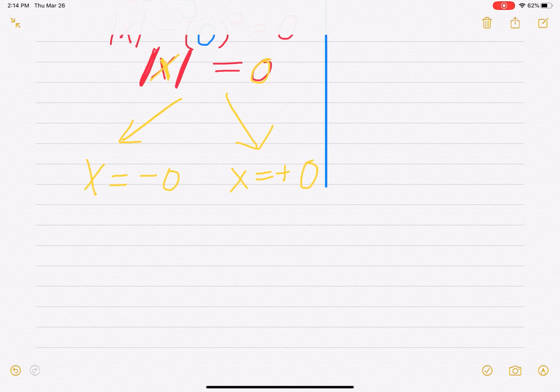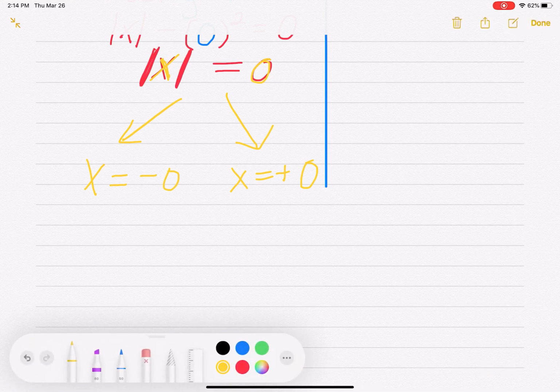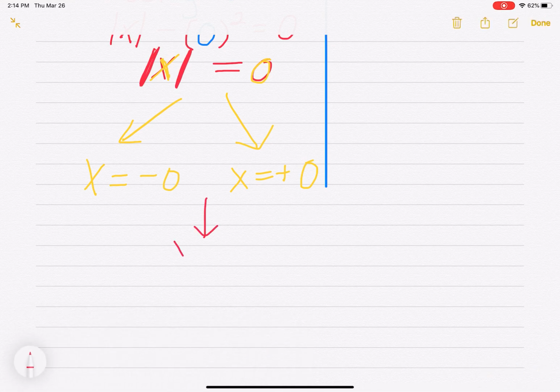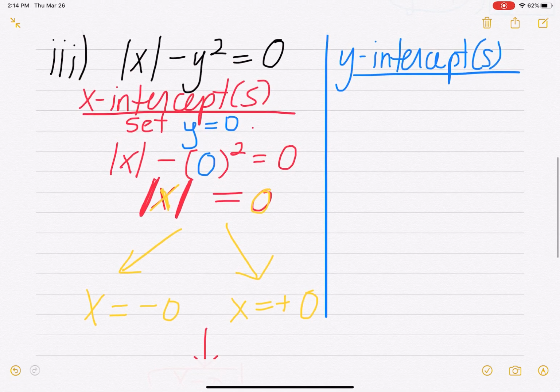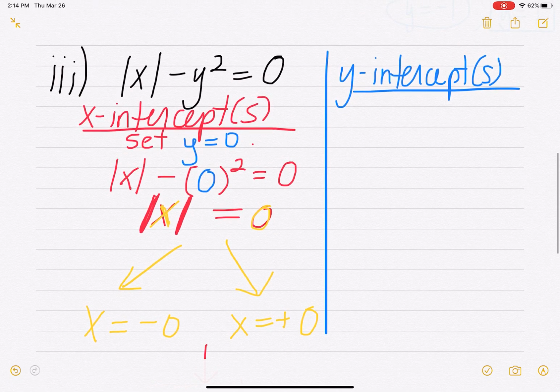So really, you just have one answer here, one x-intercept, 0. But in general, that's how you want to solve an absolute value equation. You set x equal to the negative right-hand side and the positive right-hand side. Two situations.